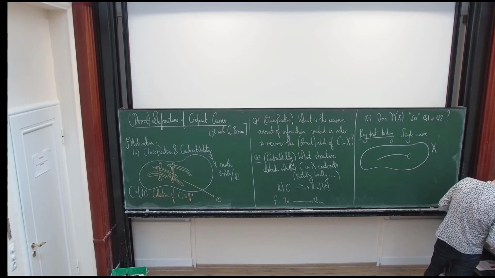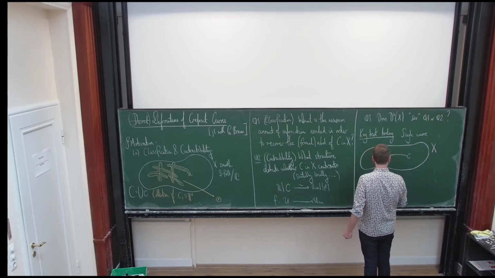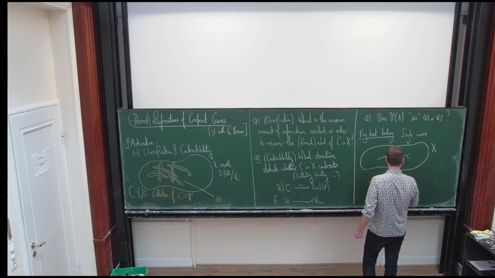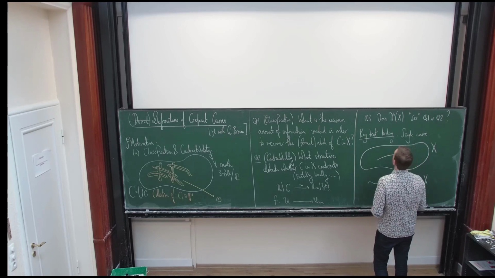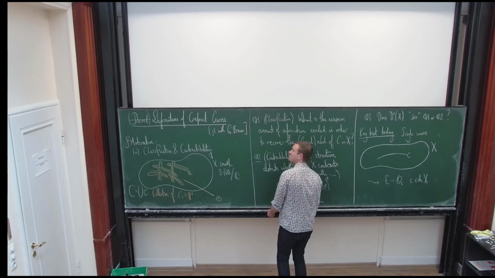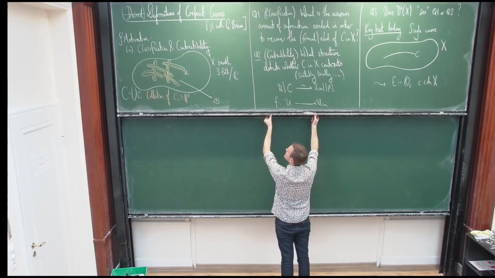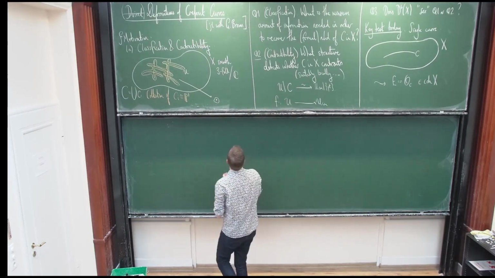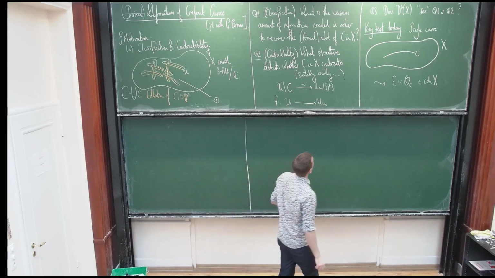This gives rise to an object which we call E, which is the structure sheaf of the curve, which is a coherent sheaf. Without any technology, there's a quick and dirty way of deforming this.